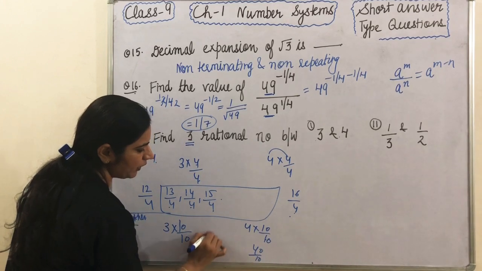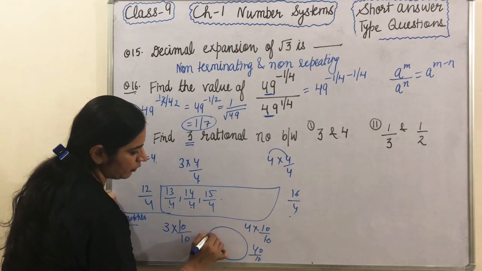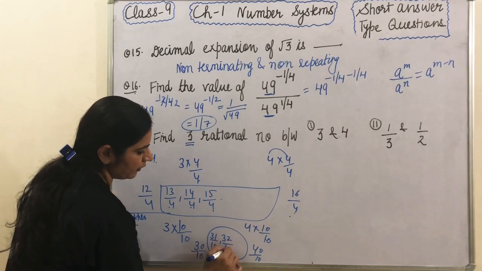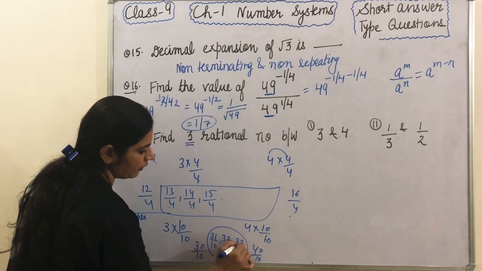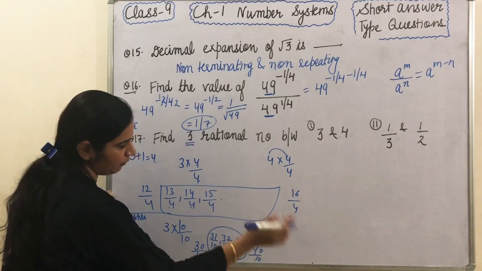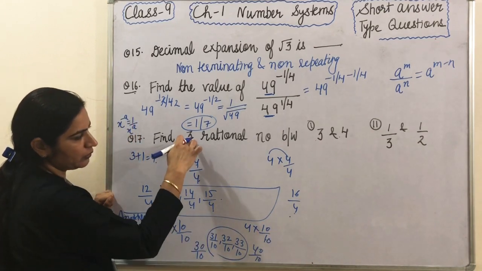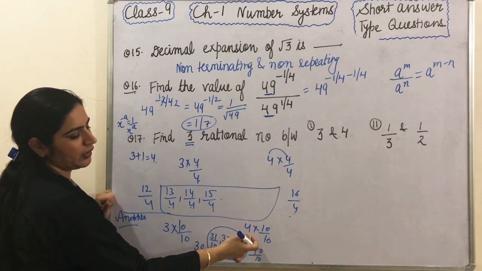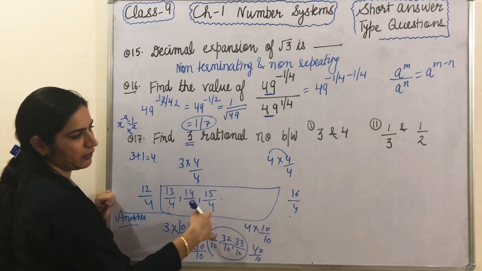So the numbers lying between them are 31 by 10, 32 by 10, 33 by 10, 34, 35, 36, 37, 38 and 39 by 10, but the requirement is of only 3 numbers. Either we can start from 31 or we can take from the last number, 39 by 10.